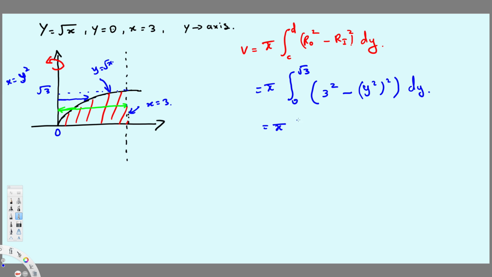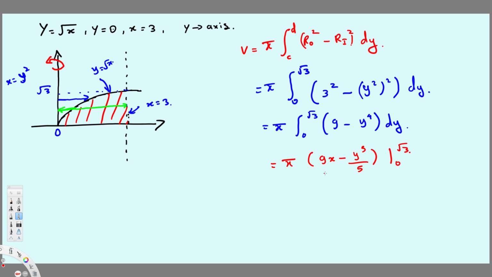Now let's simplify this. This is going to be pi integral from 0 to root 3 of 9 minus y to the power 4, dy. If we integrate this, it gives us pi times 9y minus y to the power 5 divided by 5, going from 0 to root 3.